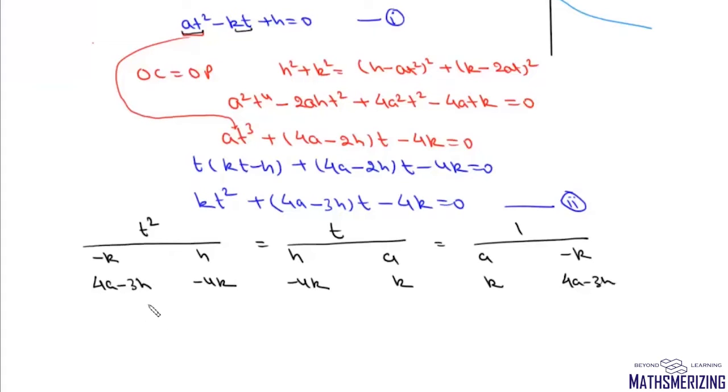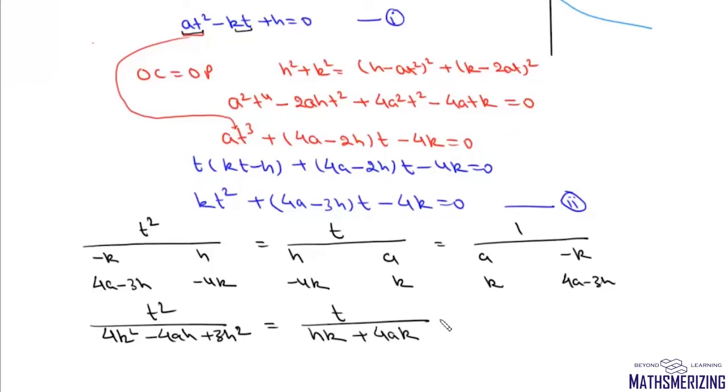So we can write this as t square upon 4k square minus 4ah plus 3h square, and this is t, this is h into k plus 4ak, and here it will be 4a square minus 3ah plus k square.